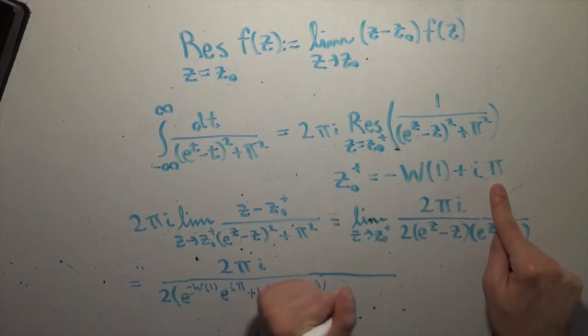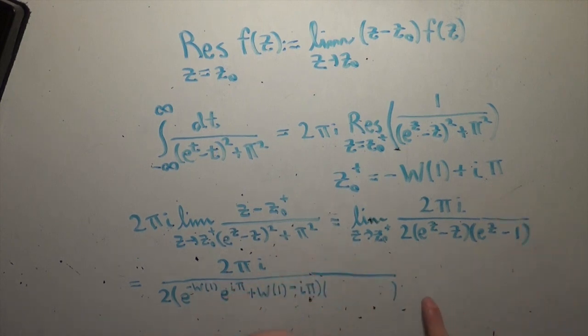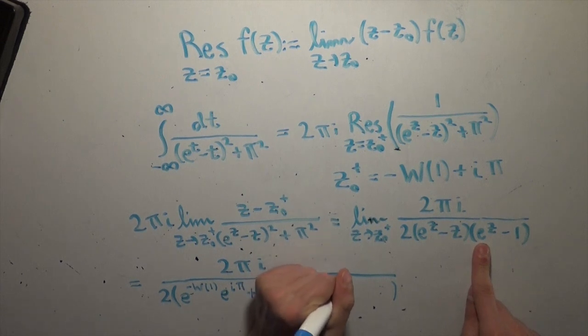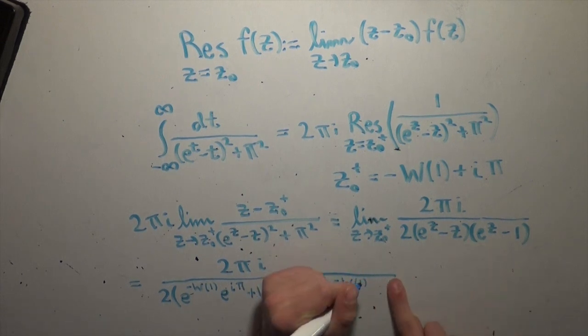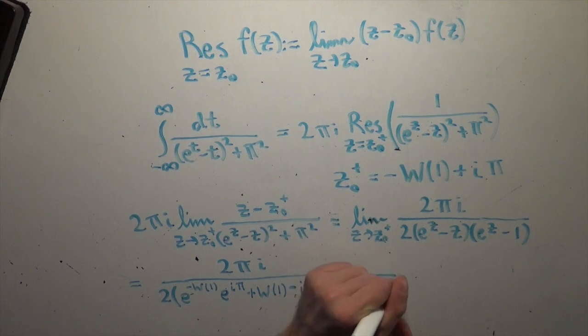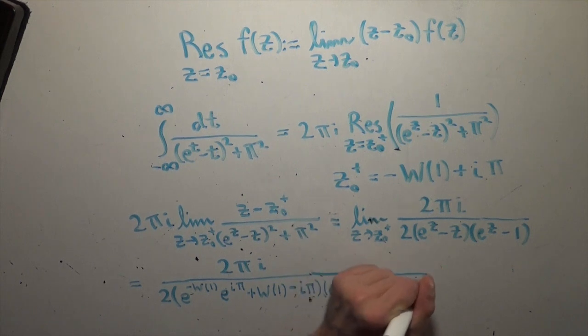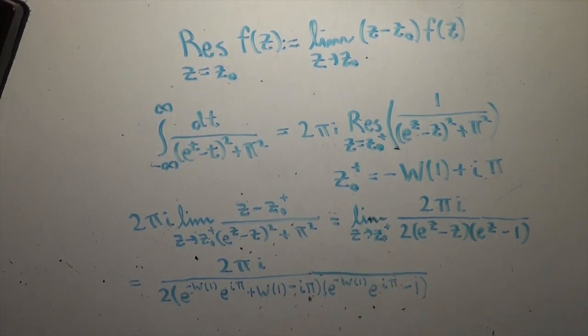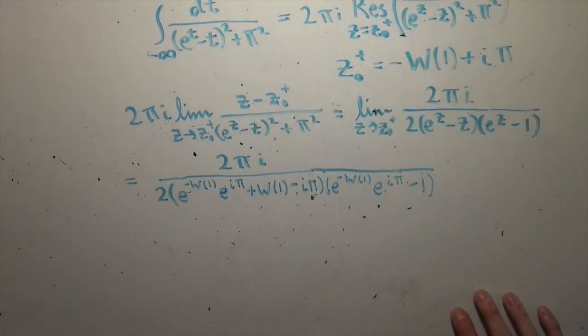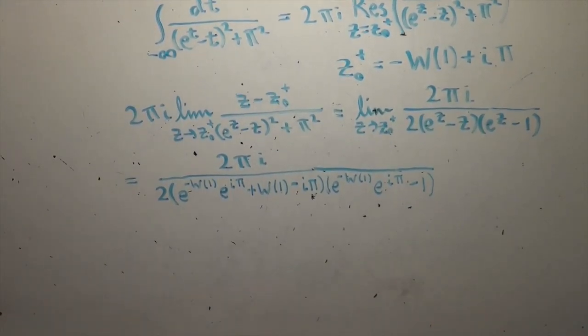I hope this is all clear so far. I know it's very jargon heavy. And here we're going to get the same thing that we did here. We're going to get e to the minus W of 1 times e to the i pi minus 1. Okay, so that's a lot to take in, but it all simplifies very nicely.